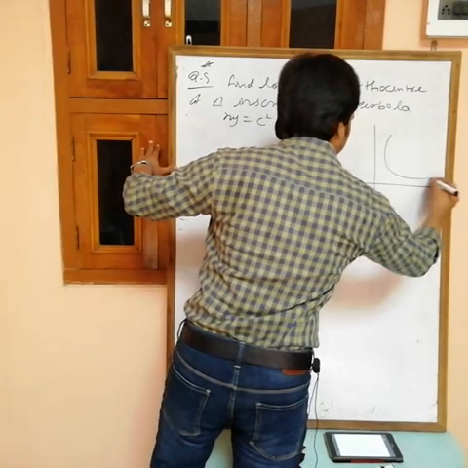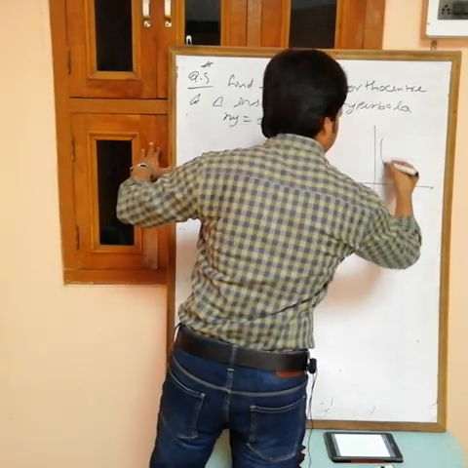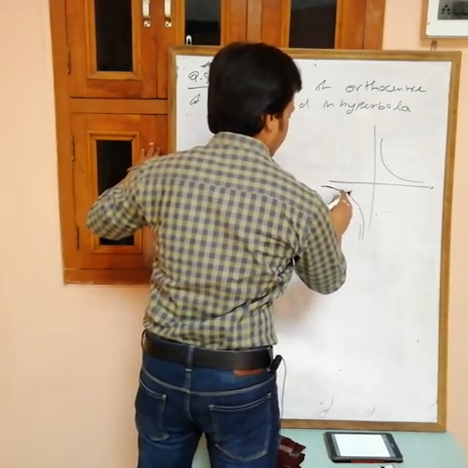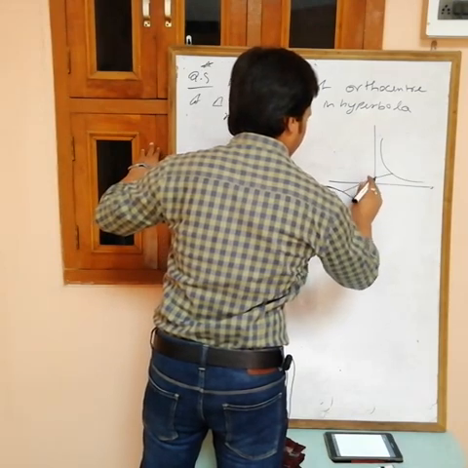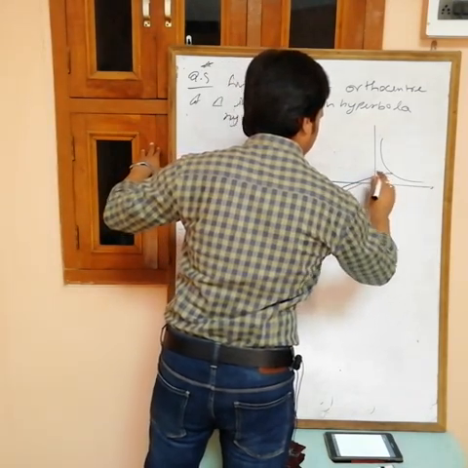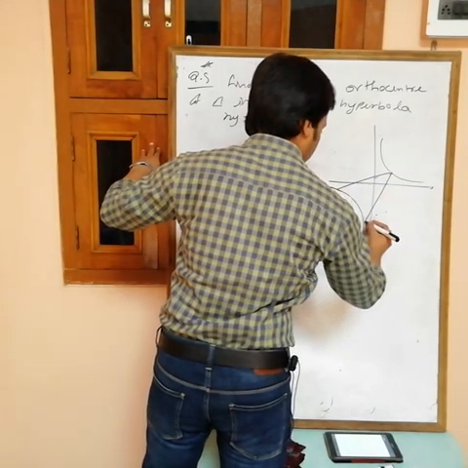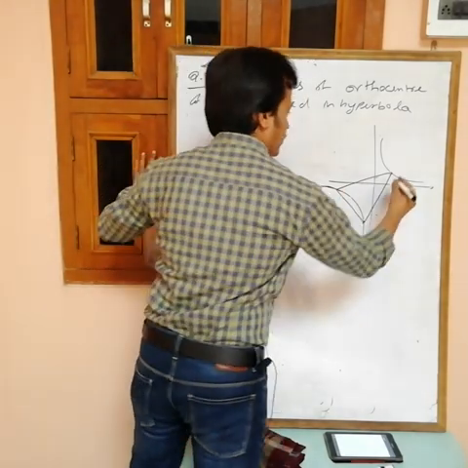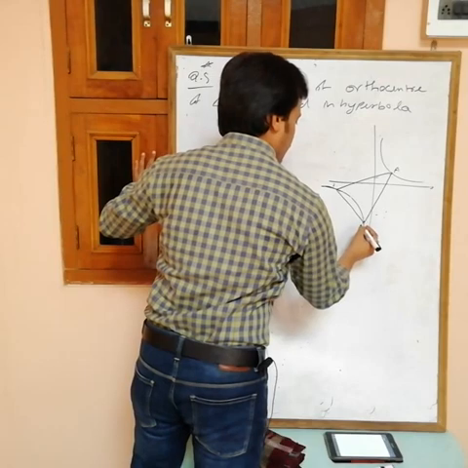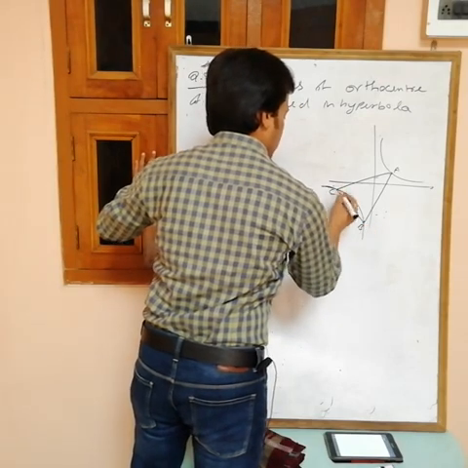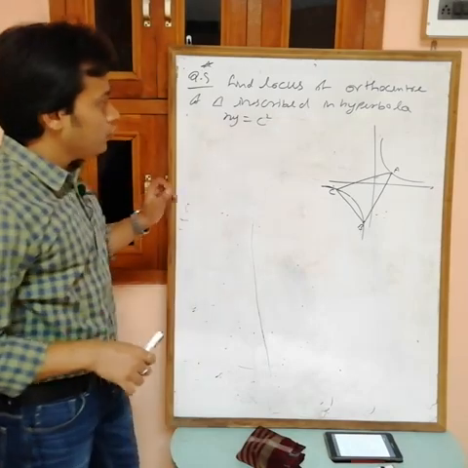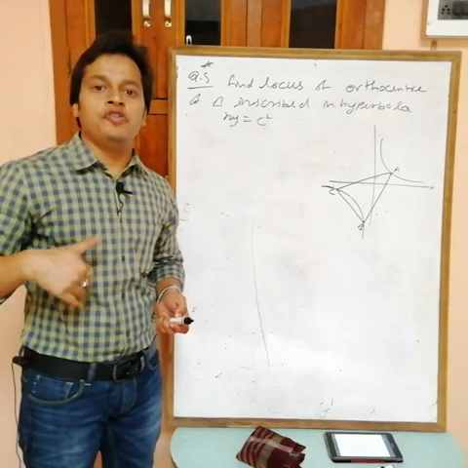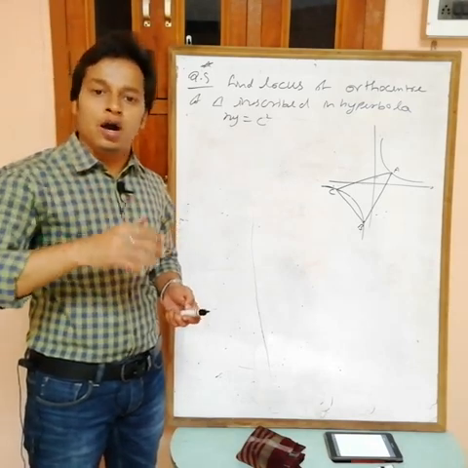See, this is the rectangular hyperbola. Suppose this is the triangle inscribed in this hyperbola: A, B, C. Now what do we want? We want the locus of the orthocenter. The orthocenter is the point of intersection of altitudes drawn from a vertex to the opposite side.